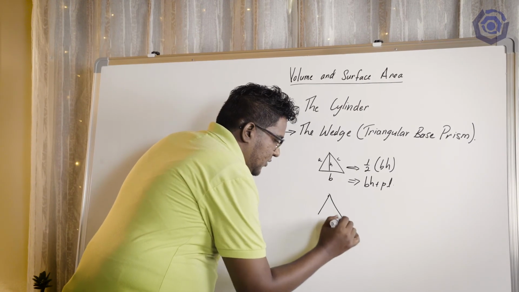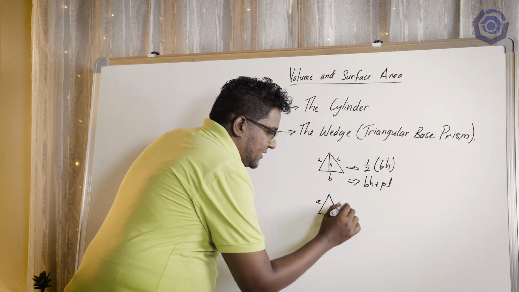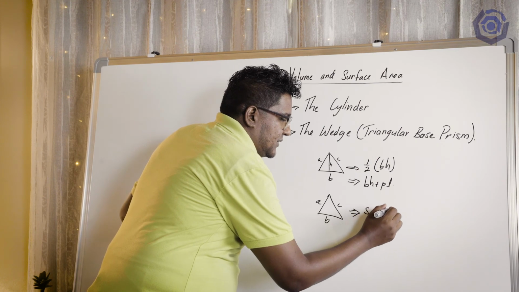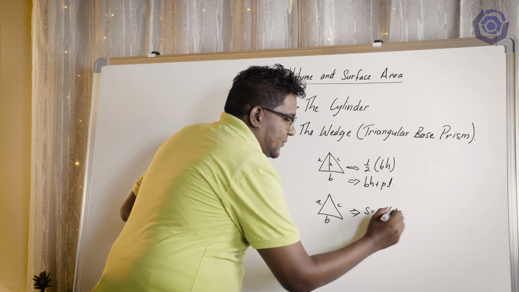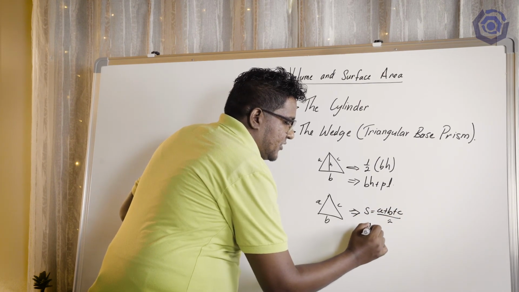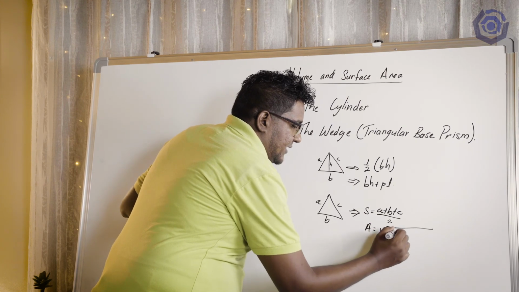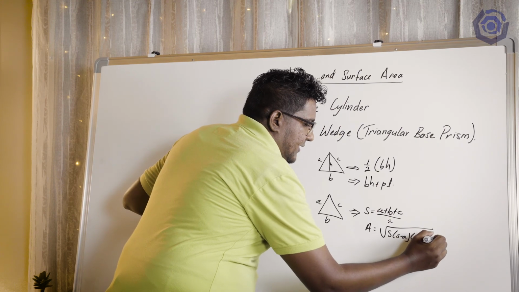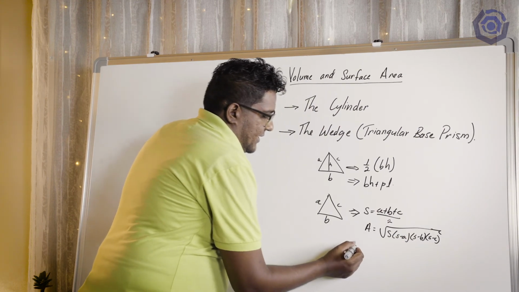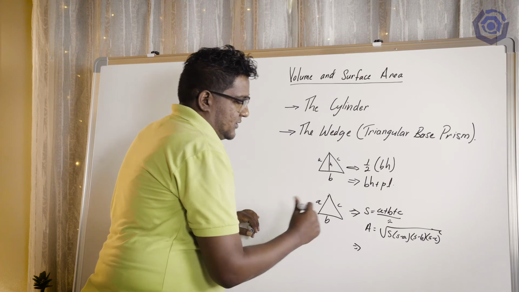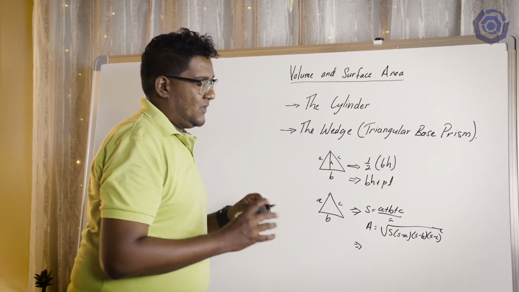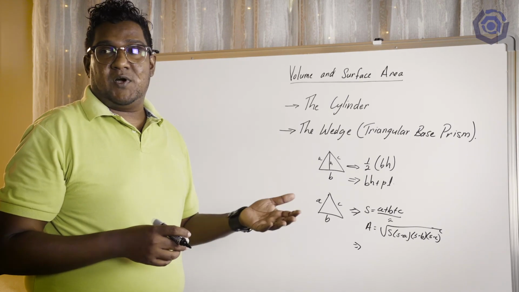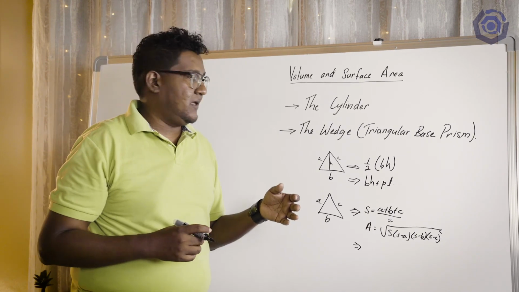Or if you have the triangle with the three sides alone, then the area is going to be Heron's formula, which is S is equal to A plus B plus C divided by 2, and then A is equal to the root of S into S minus A, S minus B, S minus C. And for this one, the total surface area would be the area of the front, the back, and the bottom, plus the two faces at the end.